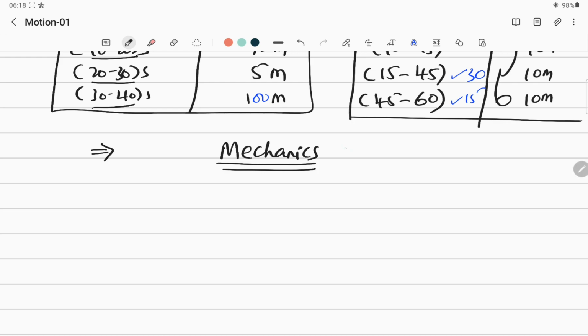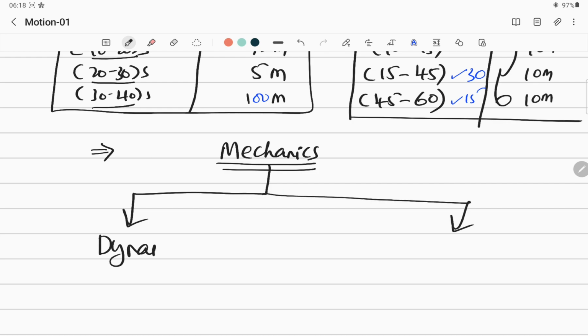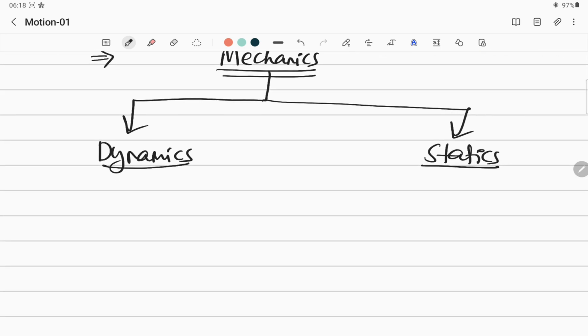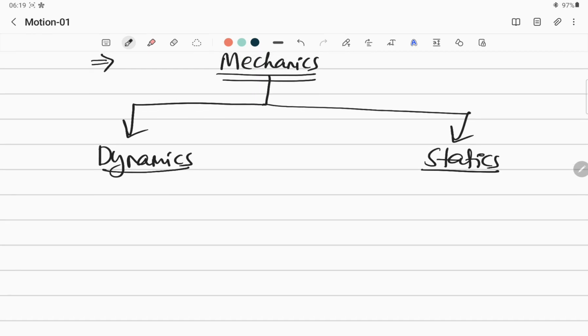Mechanics means something related to motion or machines, the movement of machines. This mechanics is divided into two parts. The first part is called dynamics, and the next one is called statics. Statics we won't study much, we are not into statics.